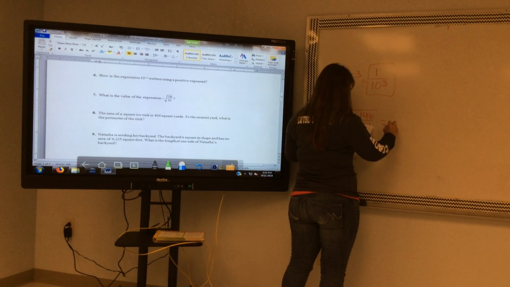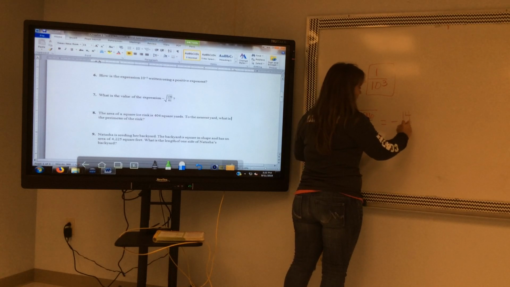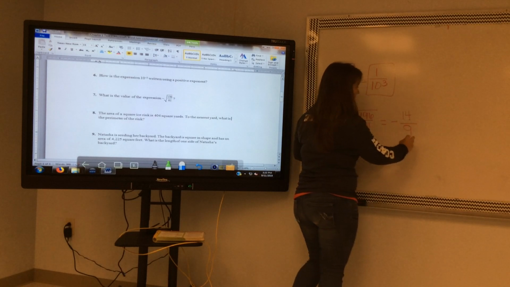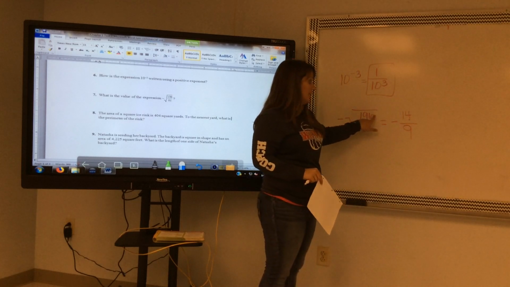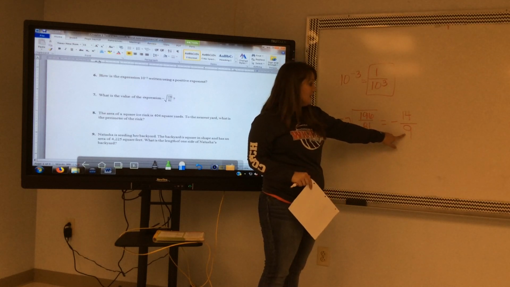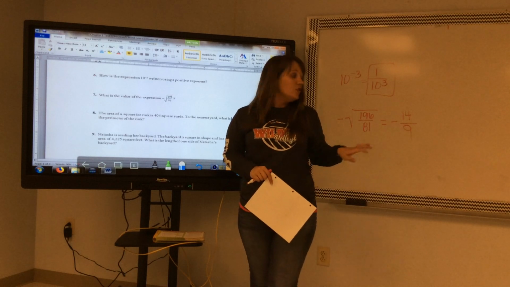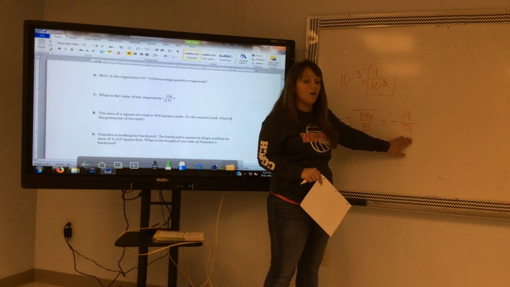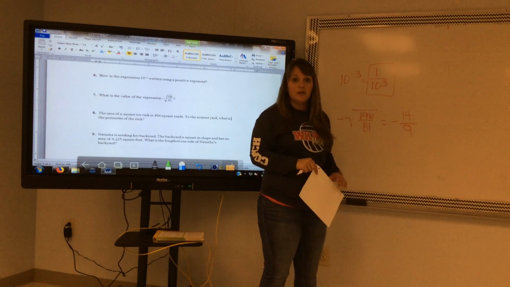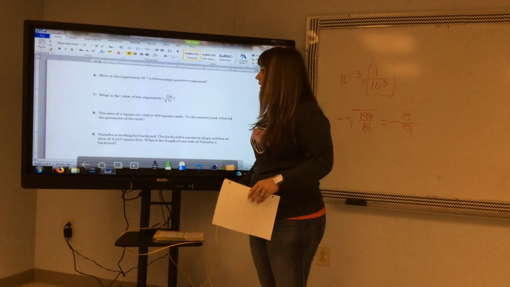Type that into your calculator, and you get negative 14 over 9. Because 14 times 14 is 196, and 9 times 9 is 81. So that's the square root of each of those numbers. Just leave it in this fraction form since it was given in fraction form to you to begin with.